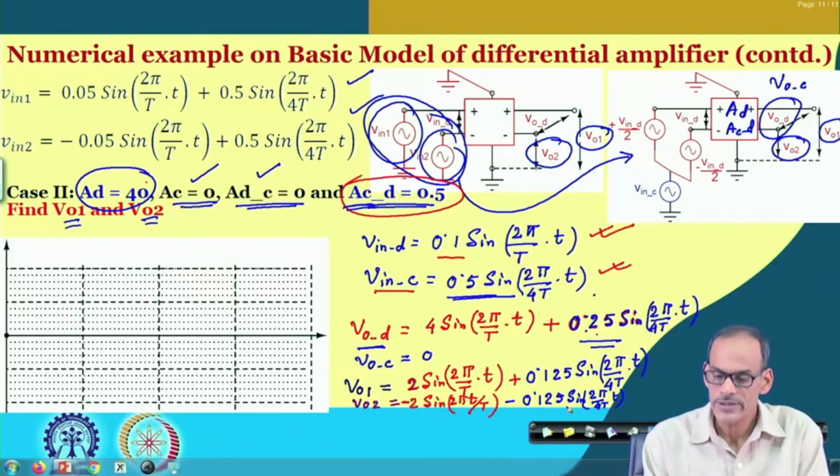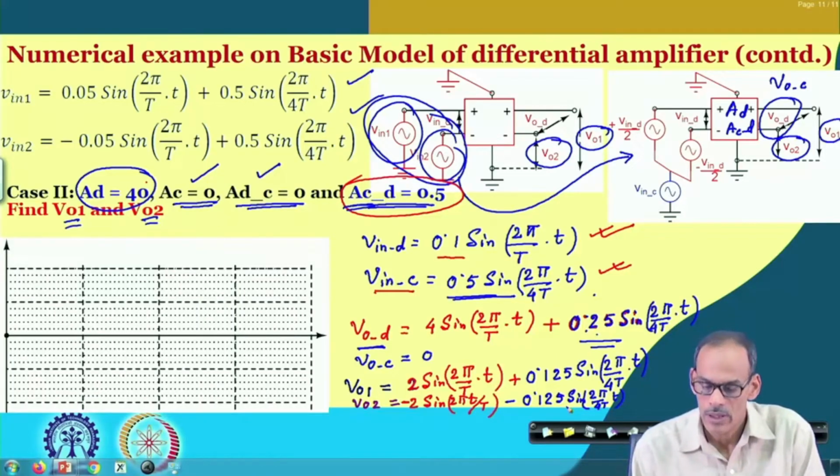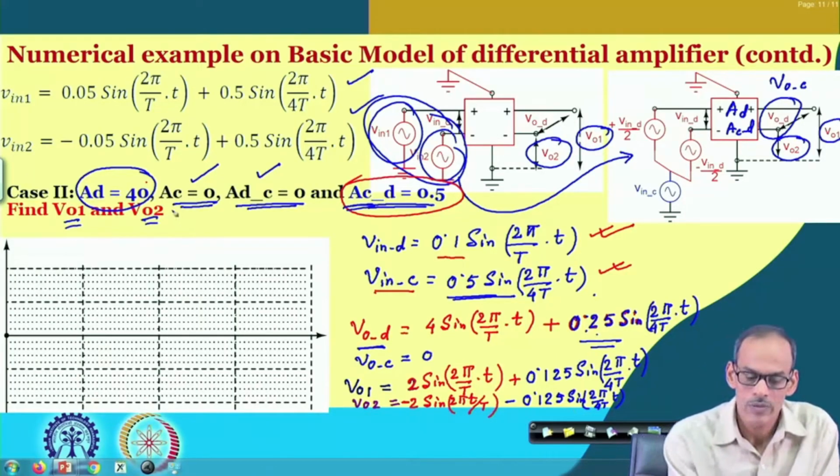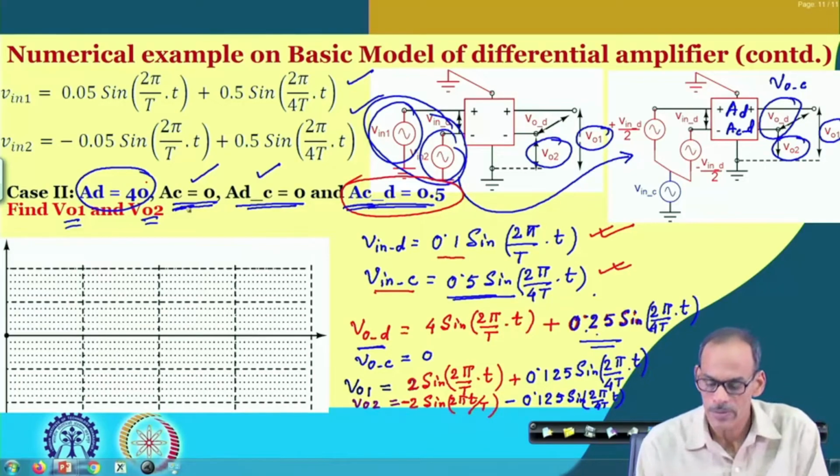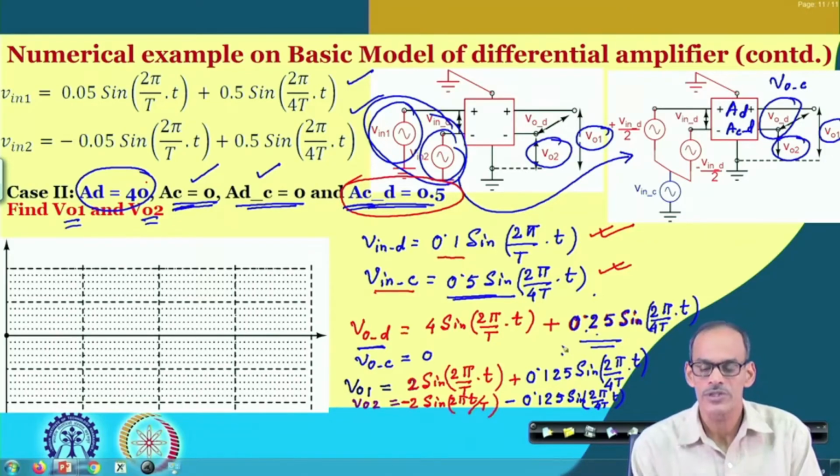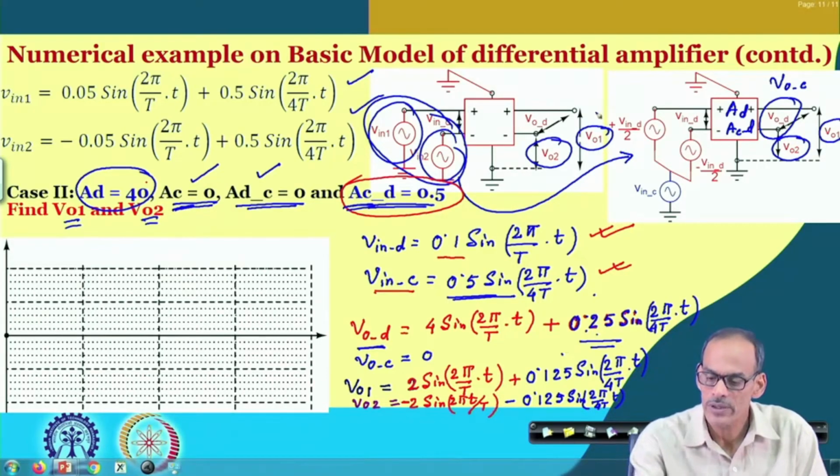Unlike the previous case where at the output, whenever AC was non-zero, the unwanted signal appeared as a common mode signal, here, to suppress it further, we could have placed one differential amplifier and eliminated that.